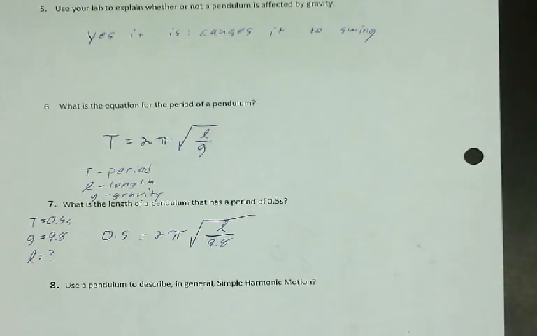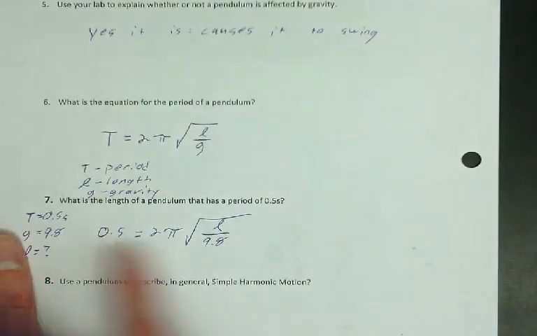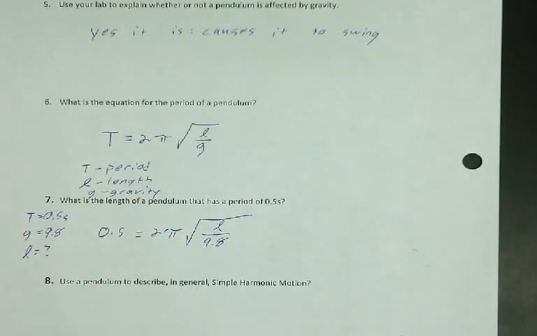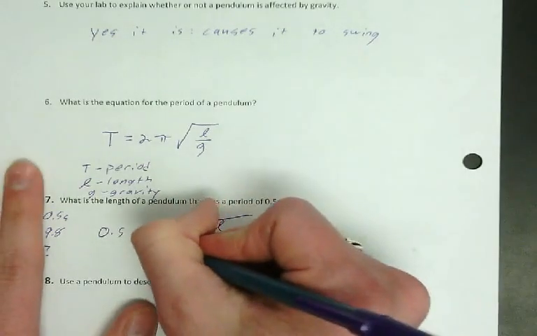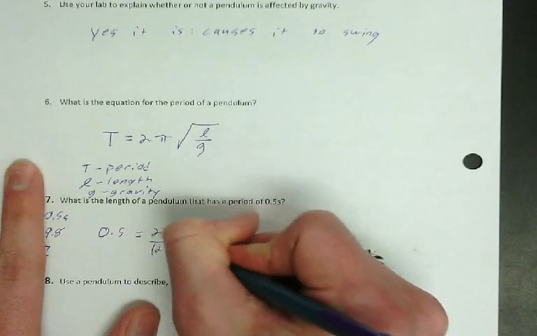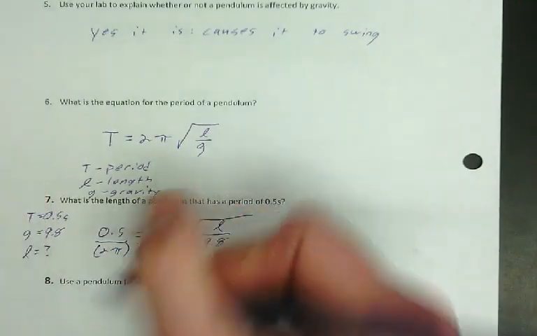All right, so let's talk about how to solve this. The way to solve it is to get the 2 pi to the other side first. If you're solving for period, you would just multiply all the numbers out, but since we're solving for length, we're going to get the 2 pi to the other side first. So we're going to divide by parentheses 2 pi. The reason for the parentheses is otherwise your calculator is going to divide by 2 and multiply by pi, which you don't want.